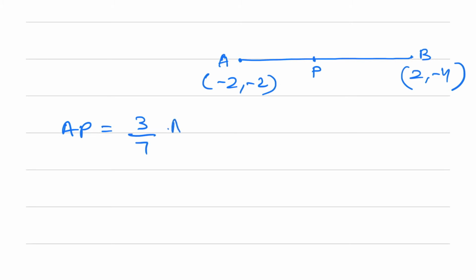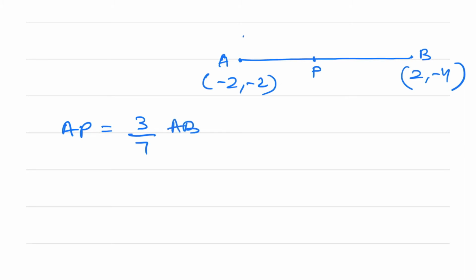And we are given the coordinates -2, and this is 2 and -4. And we have to find the coordinates of P such that AP is equal to 3/7 of AB.